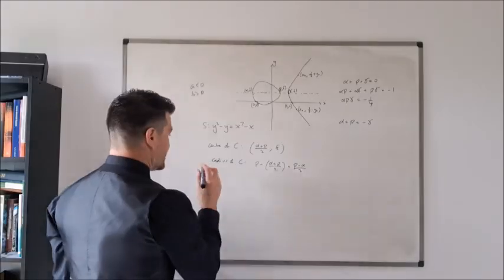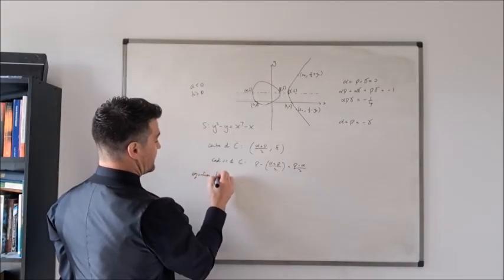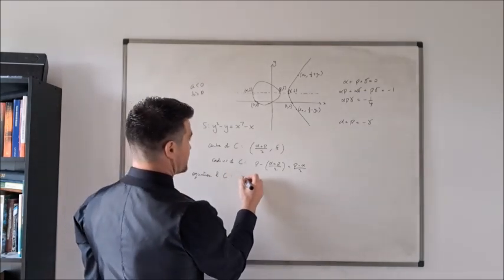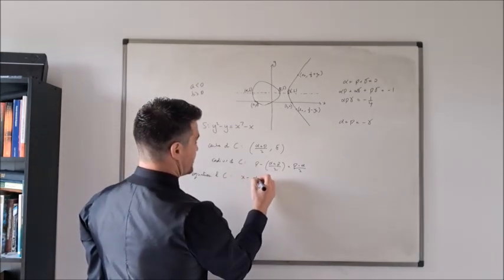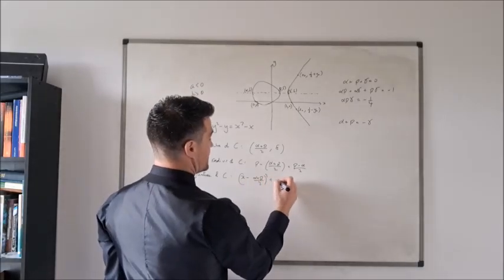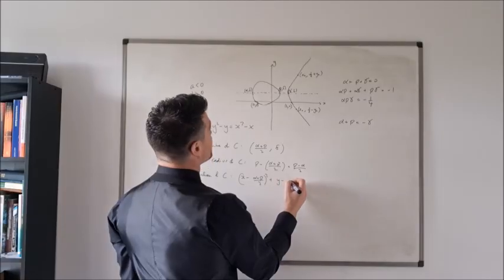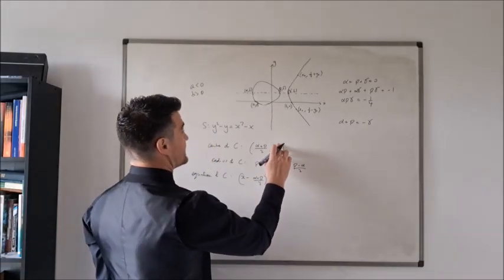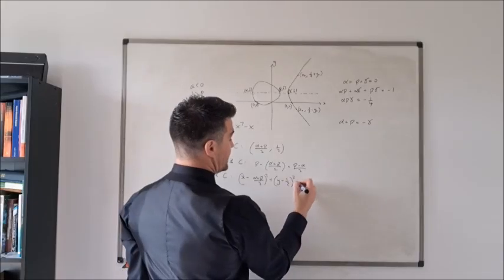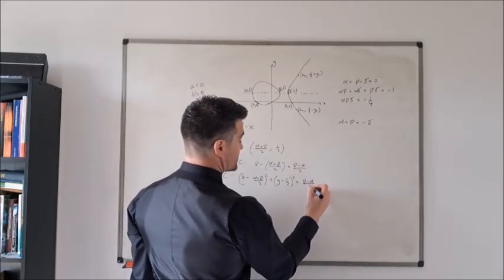Okay, so the equation of C is (x minus (alpha plus beta) over 2) squared plus (y minus, not delta, yeah, it's a half) (y minus a half) squared equals the radius squared.